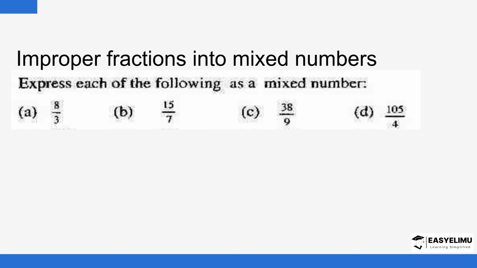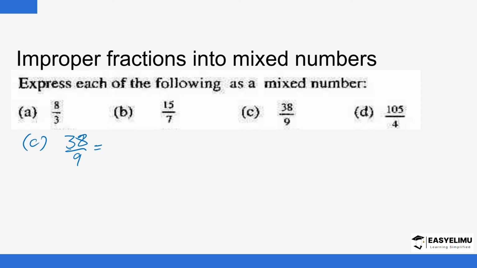So let's look at C. C again, we have 38 over 9, which is again an improper fraction, and we want to convert it back to a mixed number. So the rule is we keep adding the denominator until we cannot add, that is, further addition will lead to a number greater than 38.